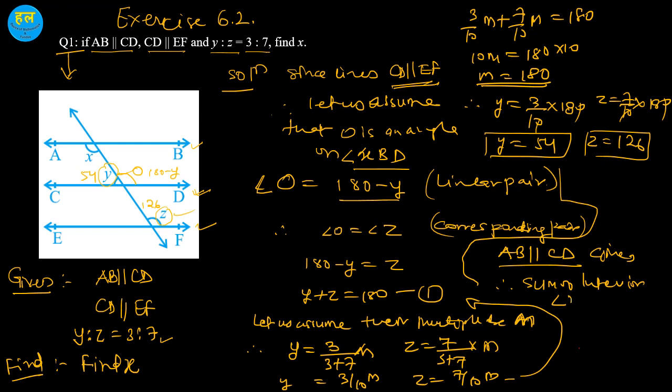Therefore, angle X plus angle Y is equal to 180 degree. Angle X plus 54 is equal to 180 degree. Therefore, angle X is equal to 180 minus 54, 126 degree. So this is the value of X.